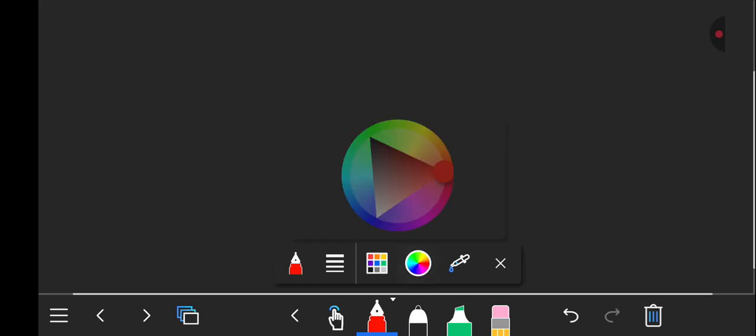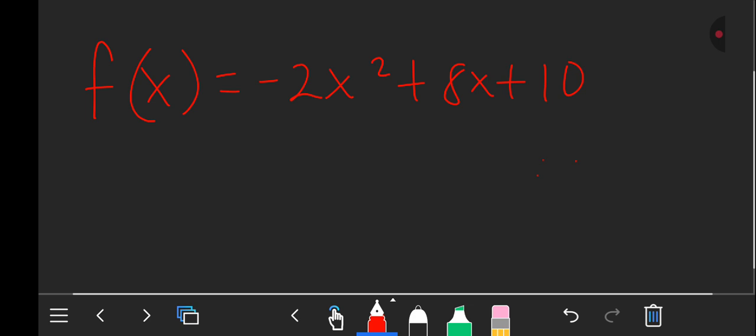Let's have an instance whereby you've been told that the function f of x is equal to negative 2x squared plus 8x plus 10. What is the first thing you need to discover?